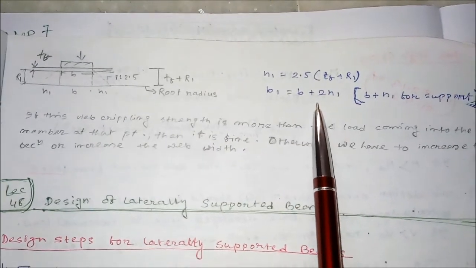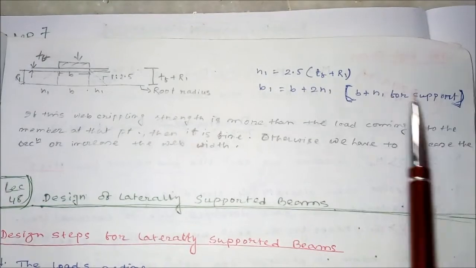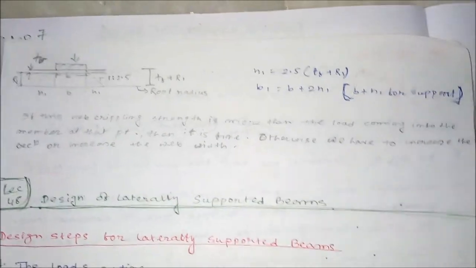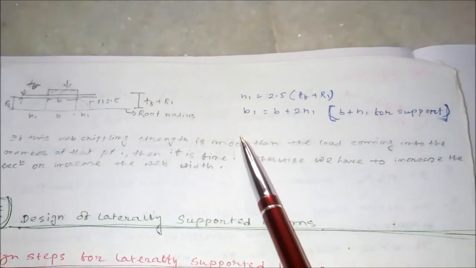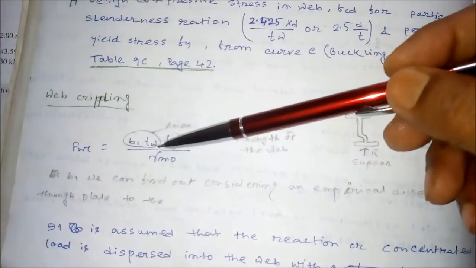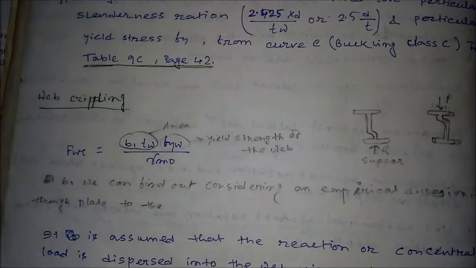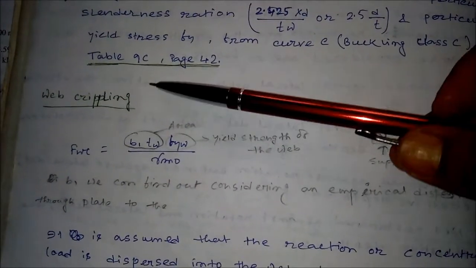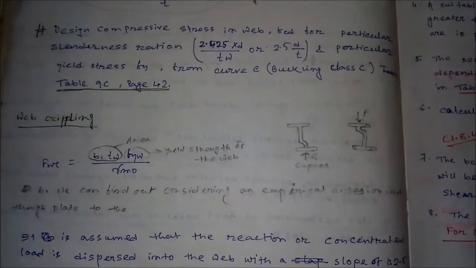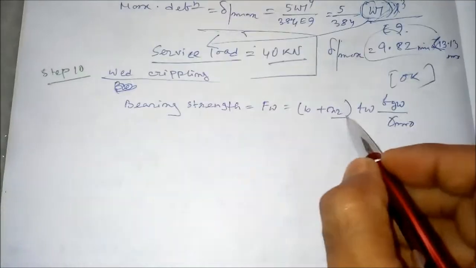b1 will be equal to b plus n1. So this is the value of b1, and the formula for this strength is b1 into tw multiplied by fyw divided by gamma m0. If you put the value of b1, you will be getting the equation. Here I have written this as n2 instead of n1.